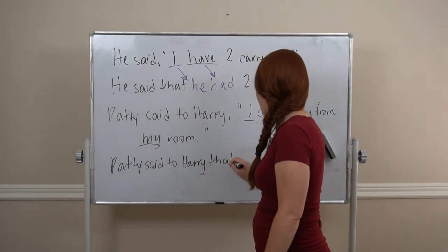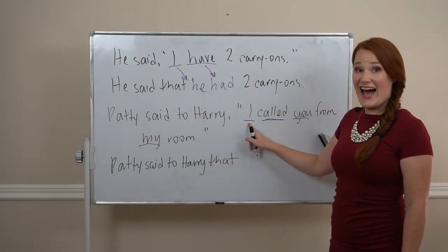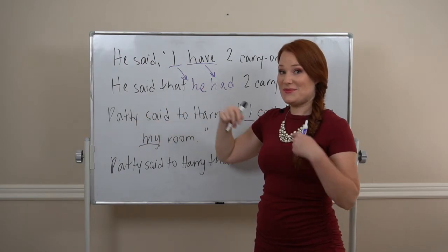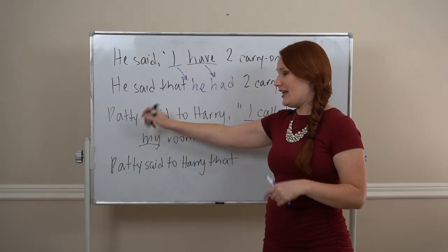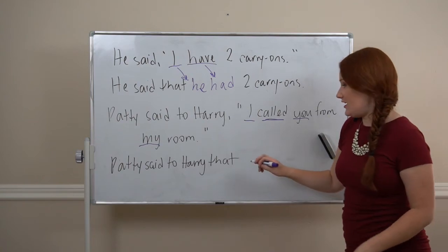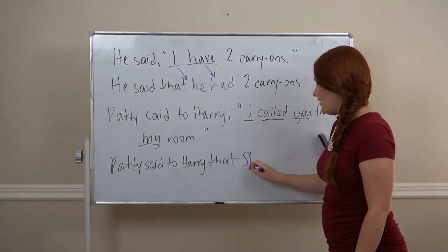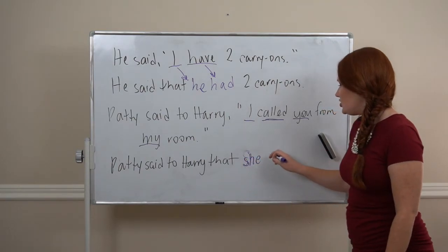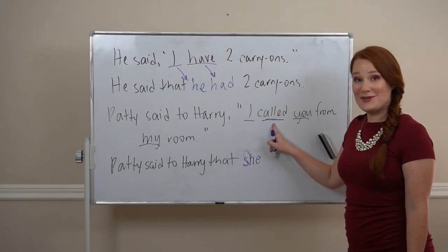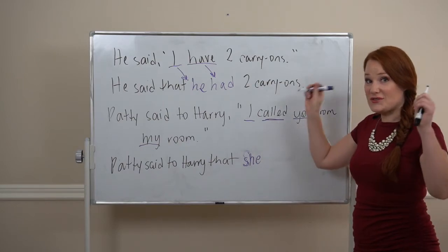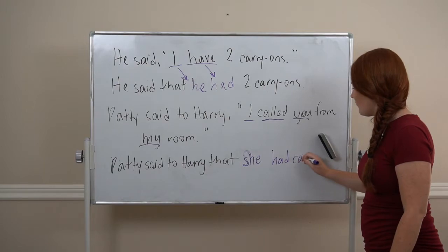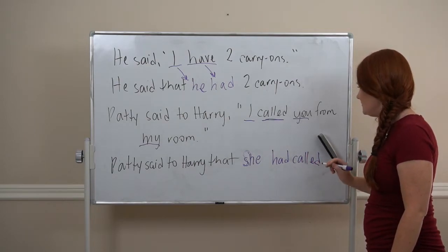Patty said to Harry that, who is I in this quote? It's Patty. If I'm telling you about Patty, I need to use she. Patty said to Harry that she, our verb in past simple, goes to past perfect, had called.